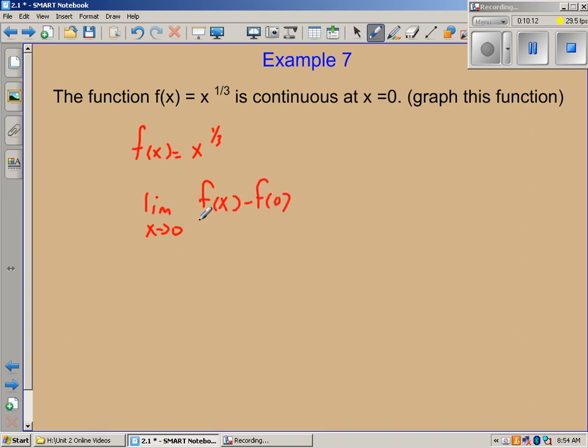So plugging in what we know, we can say that our limit as x goes to 0 of this, we get x to the 1/3 minus 0 all over x.